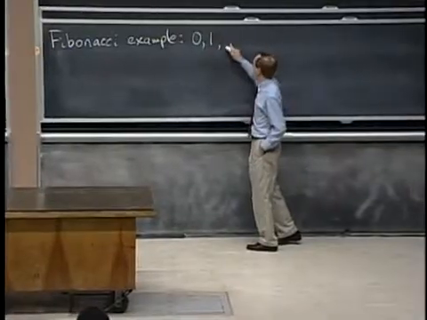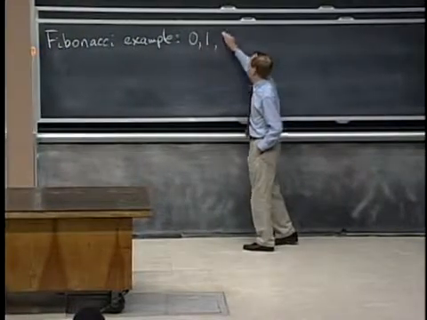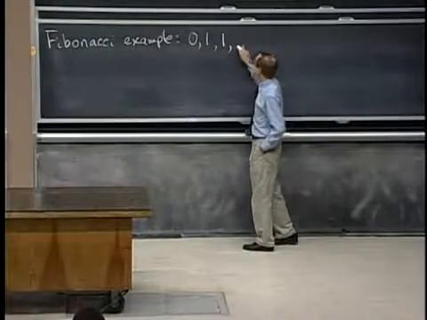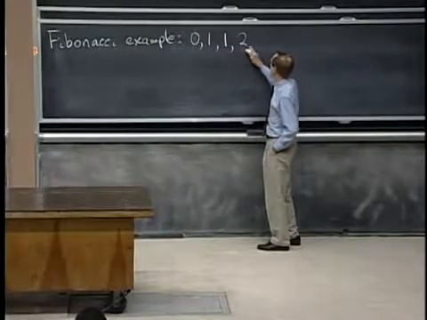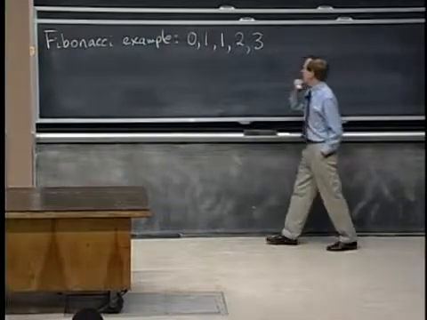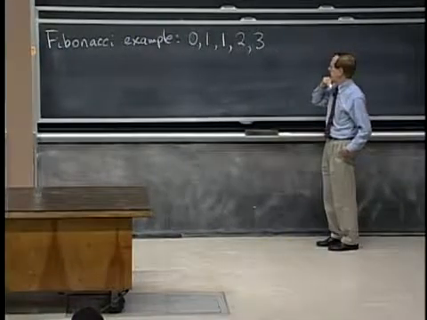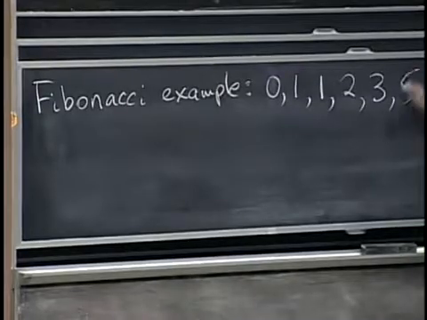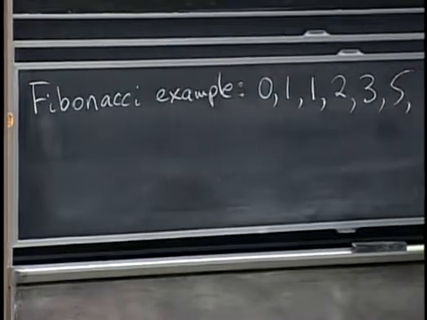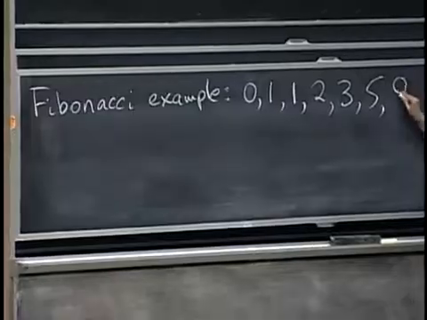They're the sum. The next one is the sum of those, so it's 1. The next one is the sum of those, so it's 2. The next one is the sum of those, so it's 3. Well, it looks like 1, 2, 3, 4, 5, but somehow it's not going to go that way. The next one is 5, right. 2 and 3 makes 5. The next one is 8.